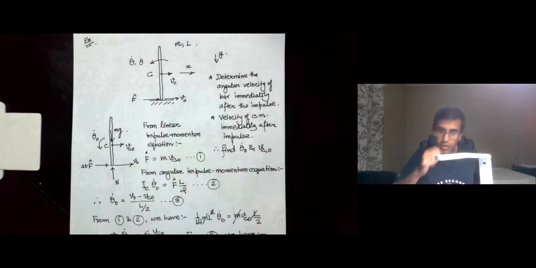So here is the approach that we took to solve this problem in the part 1 or prior video. And the approach that we took was that we wrote the linear impulse momentum equation and the angular impulse momentum equation.